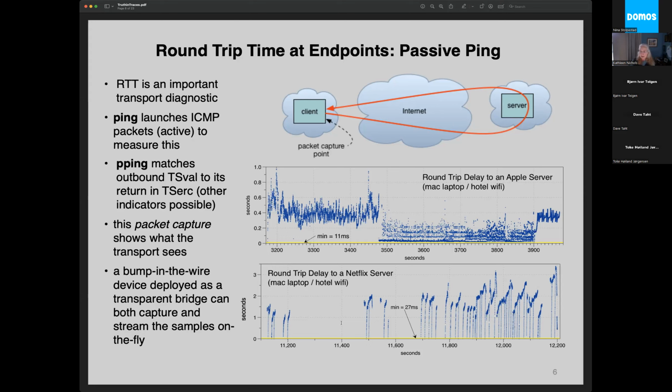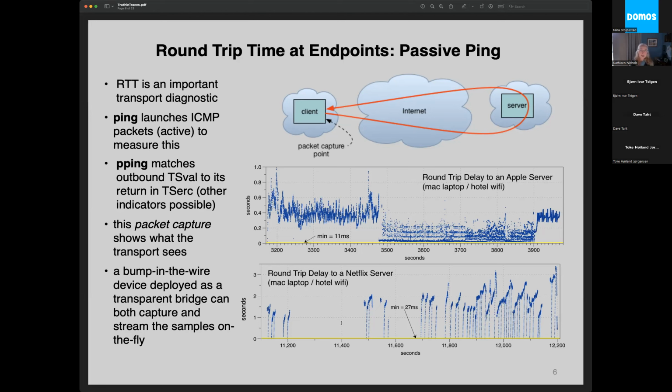What I've used is TSvals, but you could use sequence numbers, and you take the time when you see that go by, and then when you see it come back in the echo reply, you check your time then, and that gives you the round trip delay. You need to match them up and get the first one. Now you've seen the round trip delay that this packet stream is experiencing, as opposed to an active ping, where you're sampling the network. You're probing this thing out and back, as opposed to seeing what the application sees.